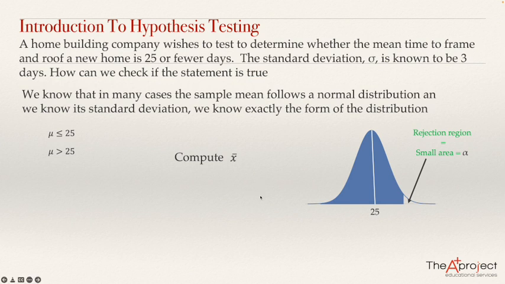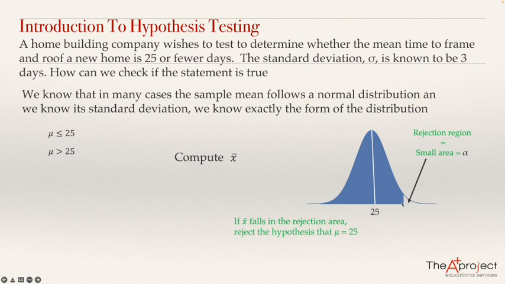So we are going to compute x bar, and if this sample mean falls in the rejection area, we are going to reject the hypothesis that mu is equal to 25. And actually we are going to reject the hypothesis that mu is less or equal than 25 because we have chosen this rejection area bigger than 25.